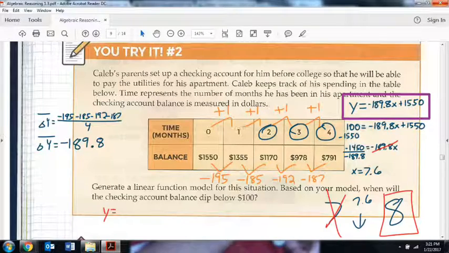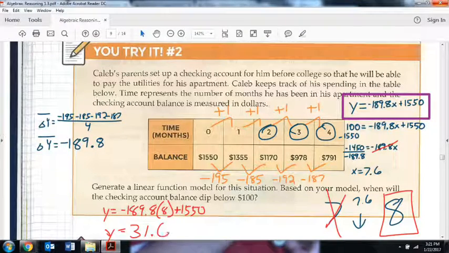Take y equals negative 189.8 times 8 plus 1550. In this case, y is going to equal 31.6. So it dipped below $100 on month 8, but on month 7 it was probably still above, because it took 7.6 to get below 100.